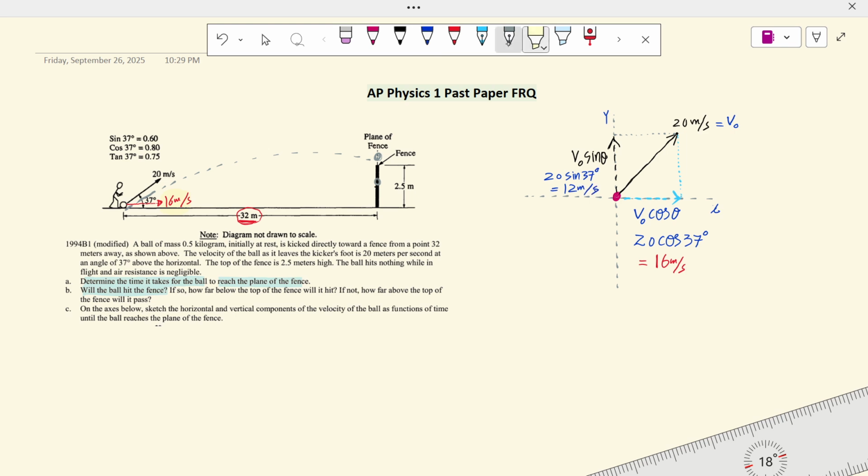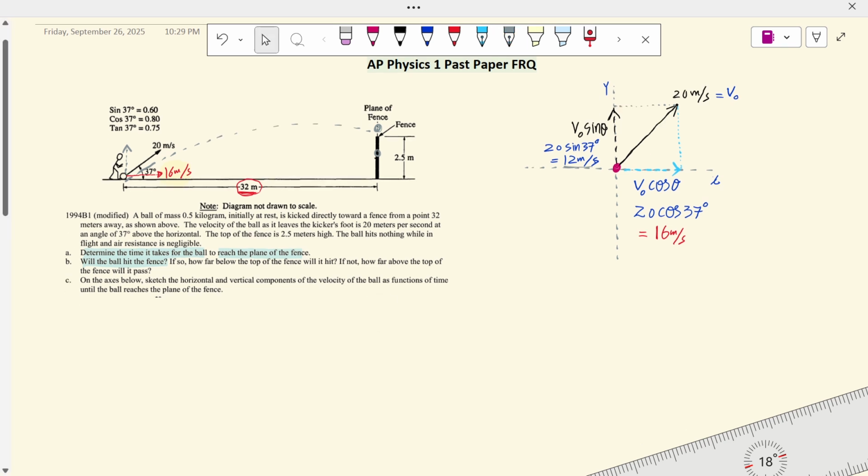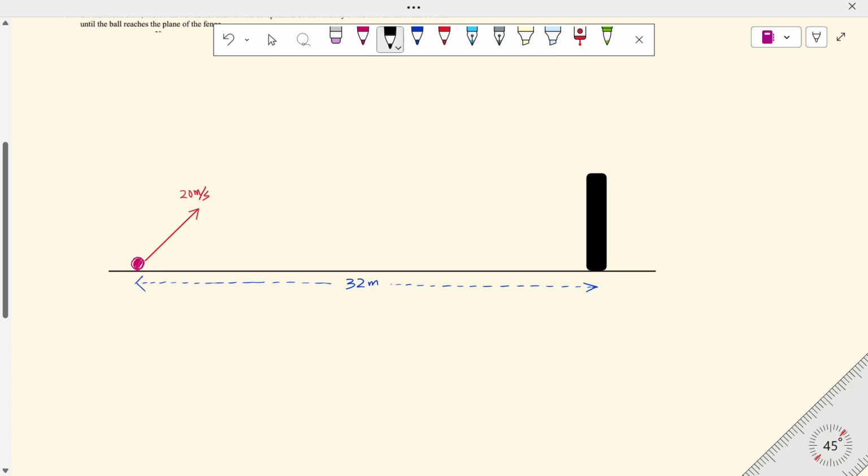So 12 meters per second is the velocity that is responsible for carrying the object vertically. That's why it is a two-dimensional motion in which the object covers horizontal as well as vertical distance simultaneously. Now we know one thing, that this ball is covering 32 meters.